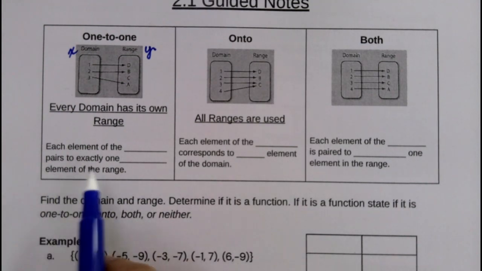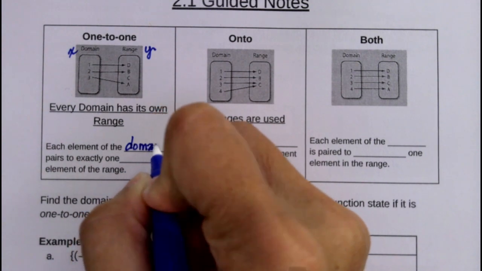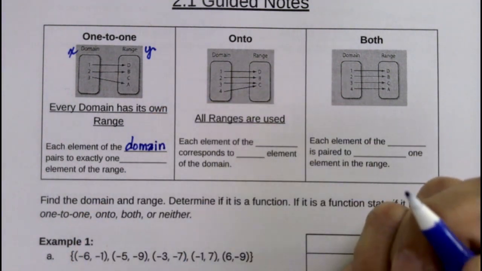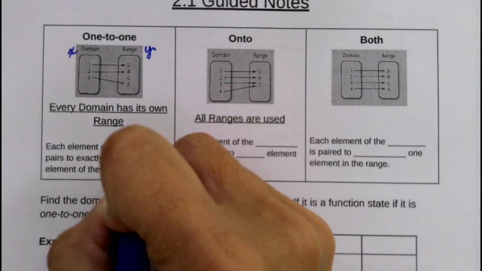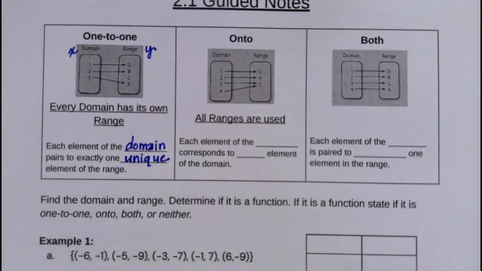So the definition for that, if we're putting it in math terms, each element of the domain pairs to exactly one unique element in the range. So what that would mean, I cannot have a 3 go to A and a 2 go to A. They cannot go to the same one.